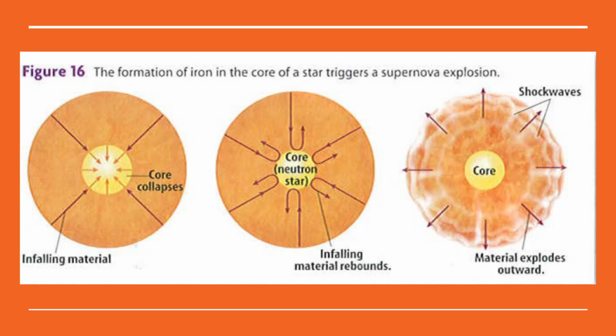And when it does that, it becomes this super dense neutron star that doesn't really like to get squished. So as this material keeps squishing, the neutron star keeps bouncing off all this material, and it flies off out into the world, and that's how we get the explosion happening.